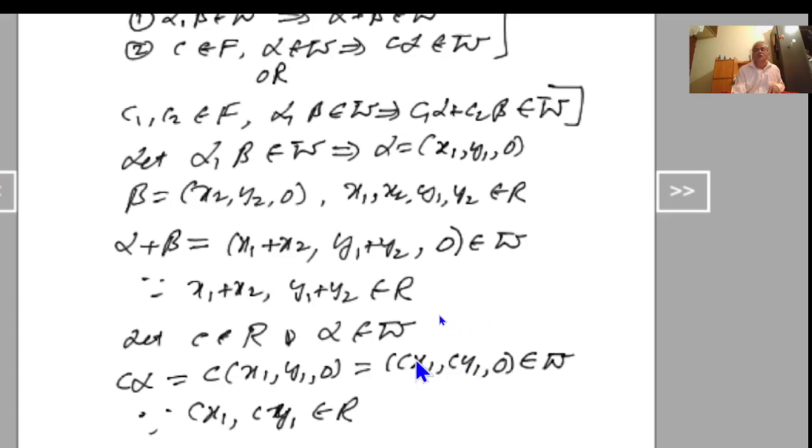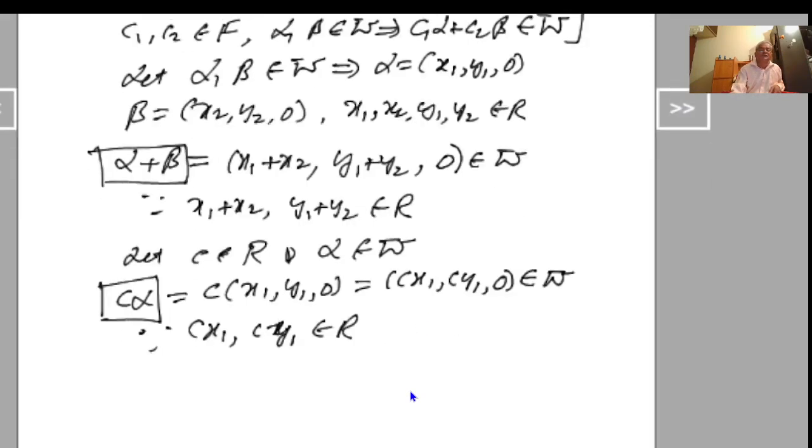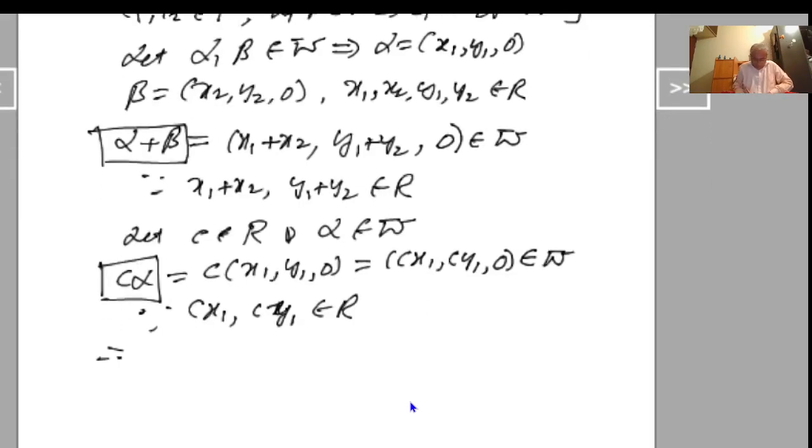These two elements belong to R, therefore this belongs to W. So we have proved that alpha plus beta belongs to W and C alpha also belongs to W. Both the conditions are satisfied. Therefore, W is a subspace of V3(R). Okay.